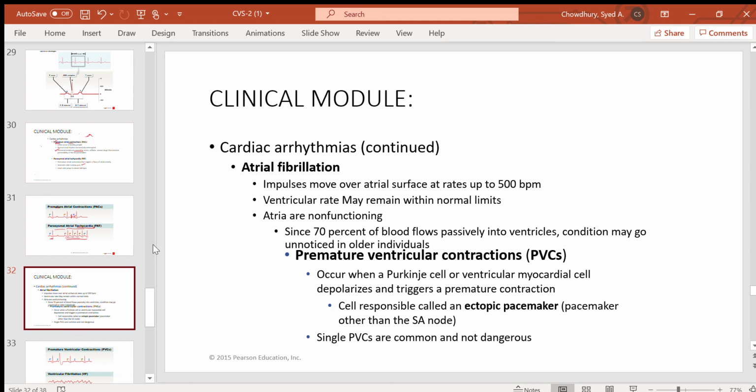Atrial fibrillation is one clinical condition. Fibrillation means high frequency, very fast, irregular, chaotic contraction.